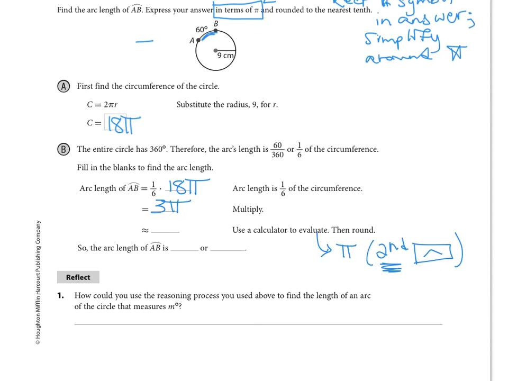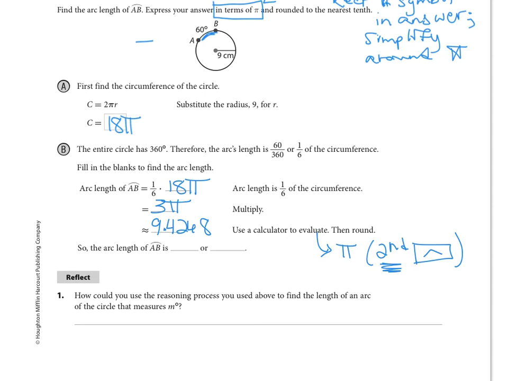That uses the many digits that the pi symbol has in the calculator's memory, so it's a lot more accurate than just 3.14. So we use the calculator to evaluate here, and we get that 3 times pi is approximately 9.4248. Remember, we go out to more decimal places than we need, and then we round.